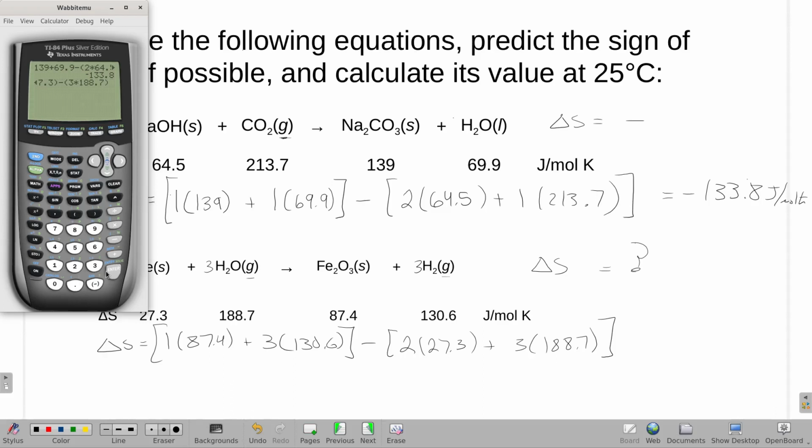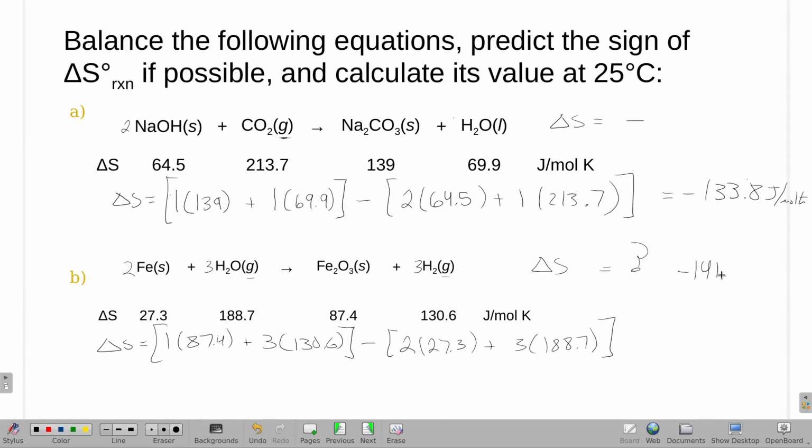And we get negative 141.5 joules per mole Kelvin. Alright, so both of these, as they go forward, they lose that randomness or that disorder.